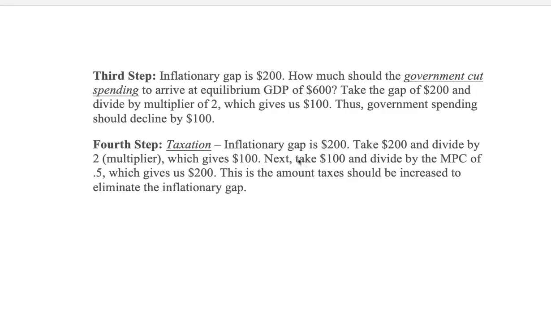Then we want to take that quotient, the 200 divided by 2, and divide that by the MPC of 0.5, which gives us 200. So this tells us that the government should increase taxes by 200 billion.